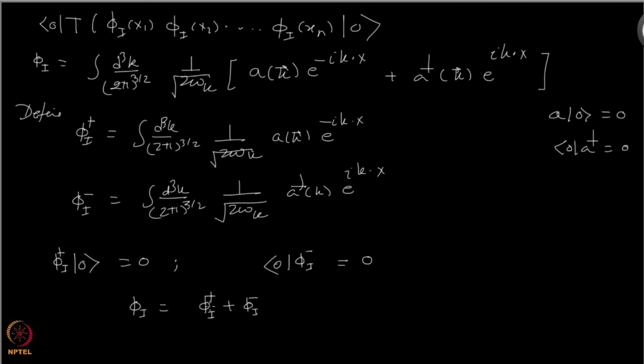Okay, so let's see how this is helpful, and for that I will first start looking at a 2-point function. We'll generalize to n-point function later, but let's look at this first. So I'm looking at this time order product. So let's say x1 naught is larger than x2 naught.